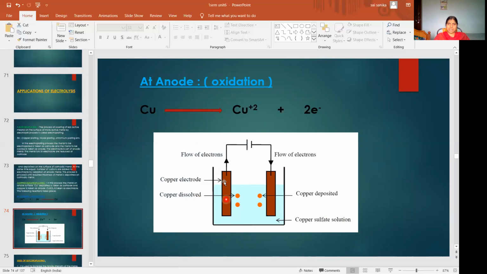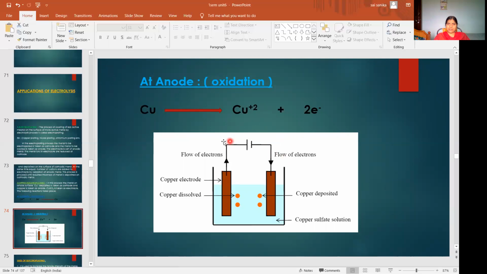Copper is the anode, and the metal on which we are coating becomes the cathode. These two are connected to the battery: copper is connected to the positive pole of the battery, and the other metal on which we are coating is connected to the negative pole.